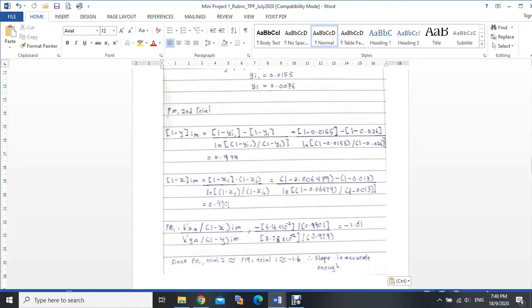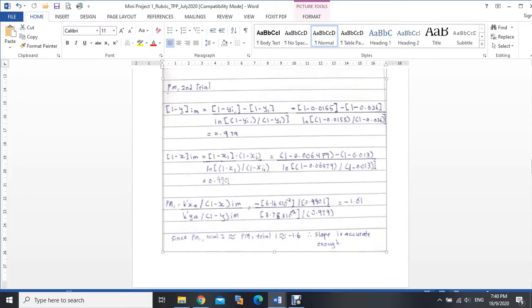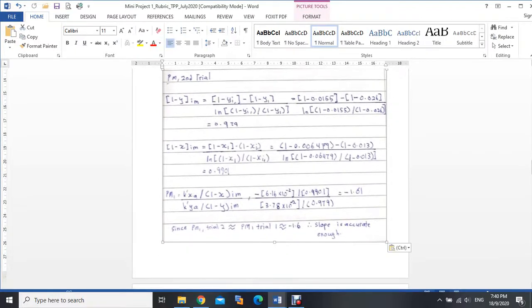And then just substitute in the original packed absorption column equation, then you will get the value for the second trial, which is PM1 is equal to negative 1.61.